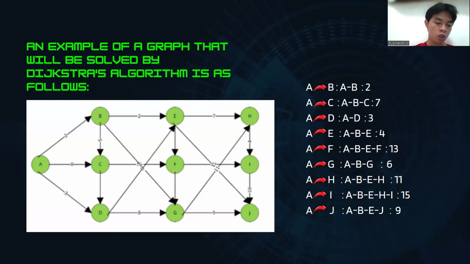The program will stop because all nodes have been selected, so it will produce the shortest path from node A to each destination node. To see which path is selected, it can be tracked from its predecessor.